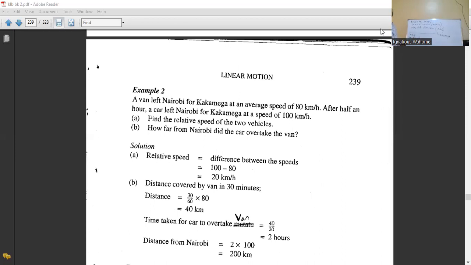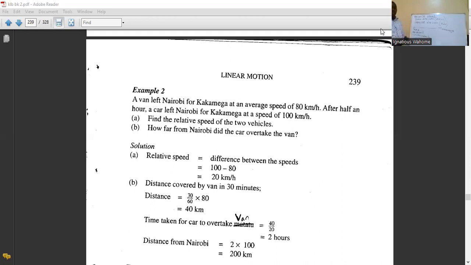And then after half an hour, a car left Nairobi at a speed of 100 kilometers per hour.